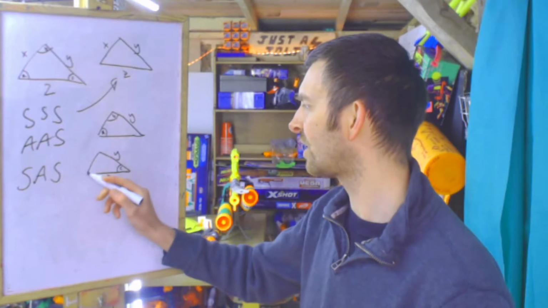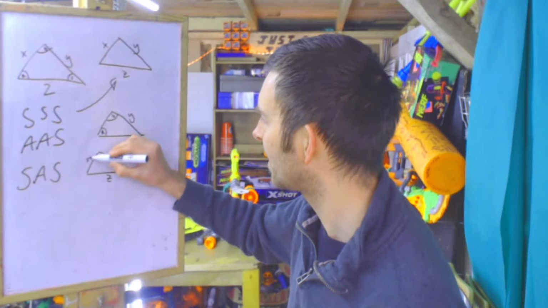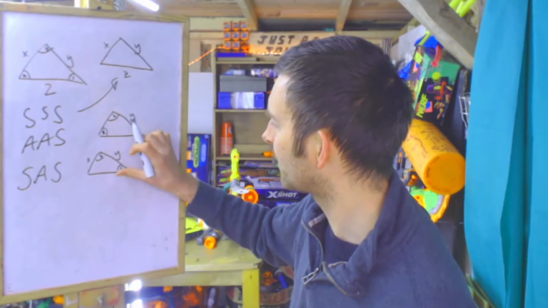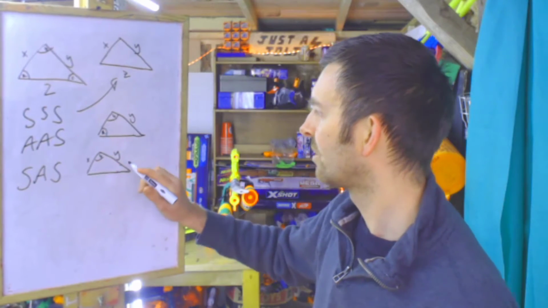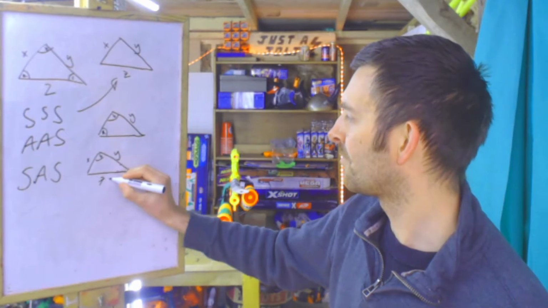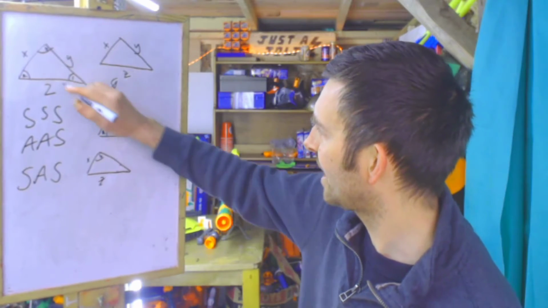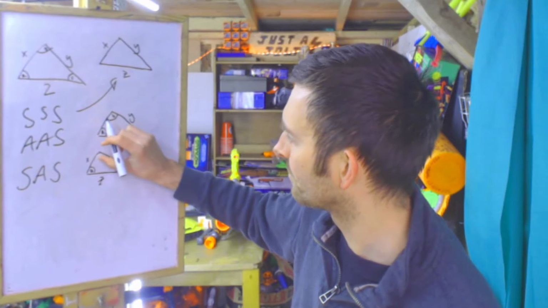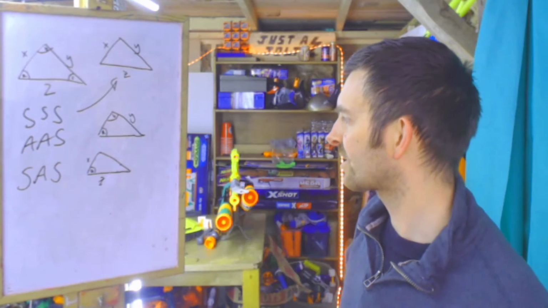So you need 2 sides. Could be any 2 sides. We can have X and Y with B if we wanted to as well. That would be another way of telling that this triangle is congruent. Or we could even have X and Z along with A, and then we know that triangle is congruent. All right. So that's our third rule.